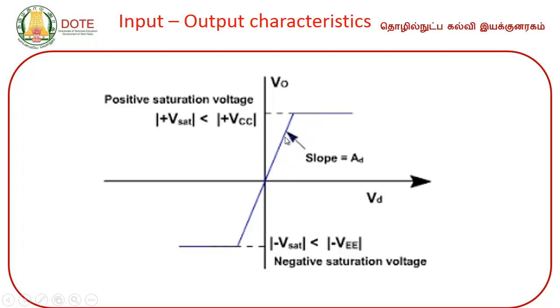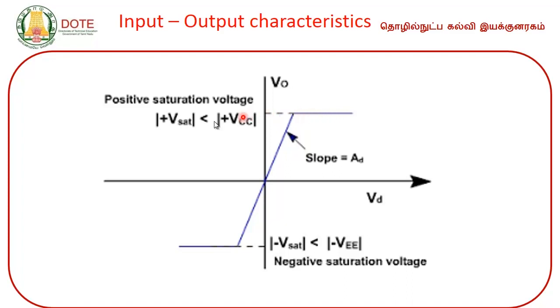But up to some level. So when Vd is 0, output voltage 0, and when Vd keeps increasing, output voltage also increases linearly. This is the linear region, and after this point when Vd increases, there is no increase in the output voltage, output voltage is saturated.